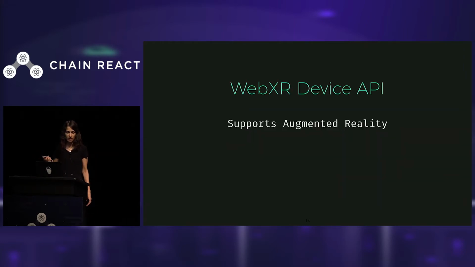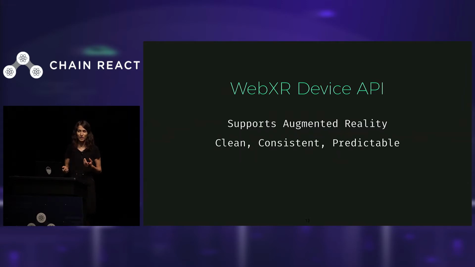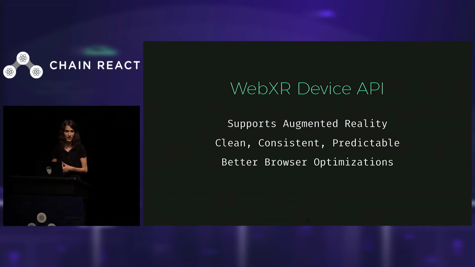Okay, but why do we need a new API anyway? What was wrong with the WebVR API? First, the new API now also includes functionality for augmented reality. And as you can imagine, when writing things twice, the new API should be cleaner, more consistent, and more predictable. More browser optimizations in regard to performance are also promised.